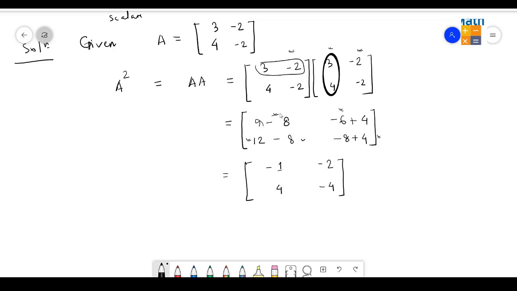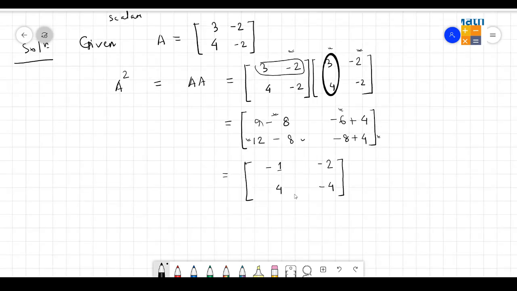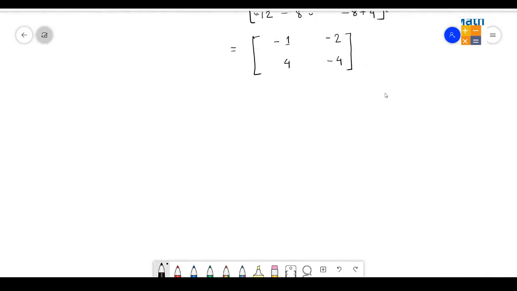Then we have to use the expression which is given to us already.